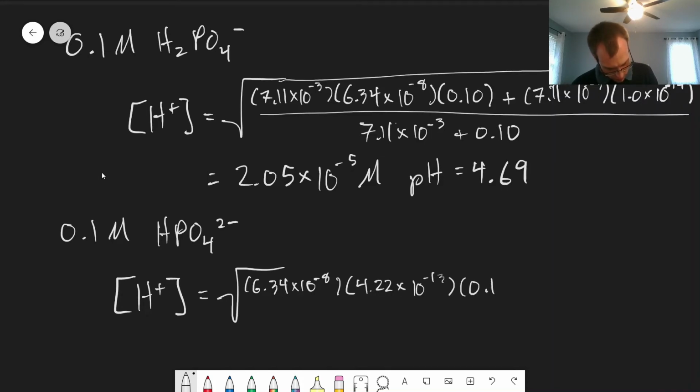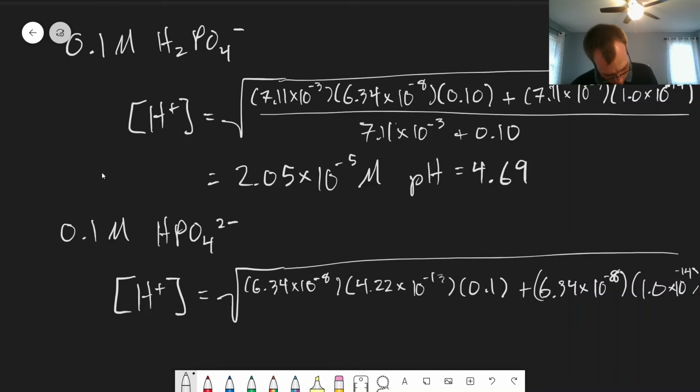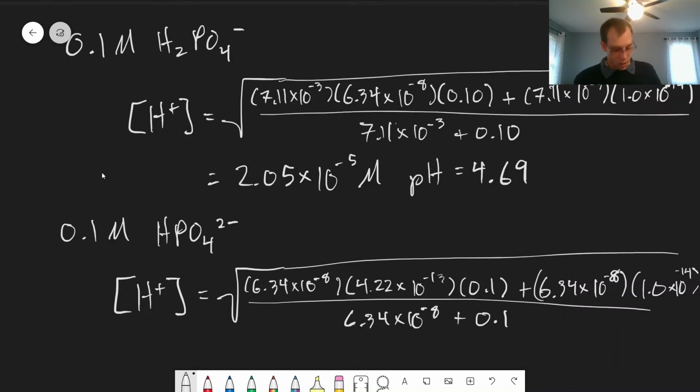And then this will be times 0.1 plus 6.34 times 10 to the minus 8 times Kw. This is an 8 up here. Divided by 6.34 times 10 to the minus 8 plus 0.1. All right, we plug all that in.